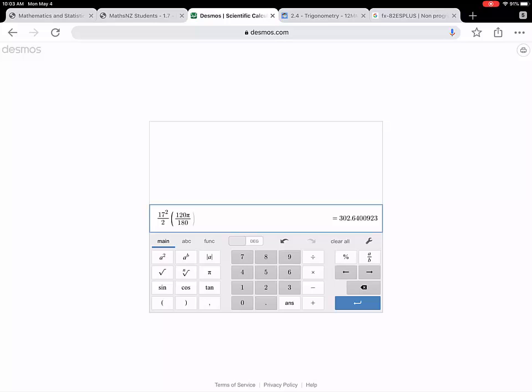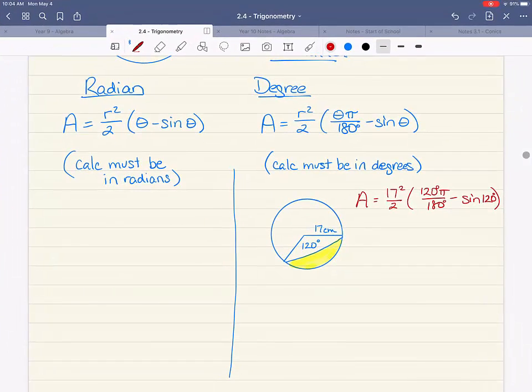Notice that the cursor moves to the right, minus the sine of 120. Now notice there's 2 gray brackets here that's telling you you need to close it twice. And my answer is 177.499. If I was going to go to 1 decimal place, that would be 177.5. So my area for that shaded part is 177.5 square centimeters.